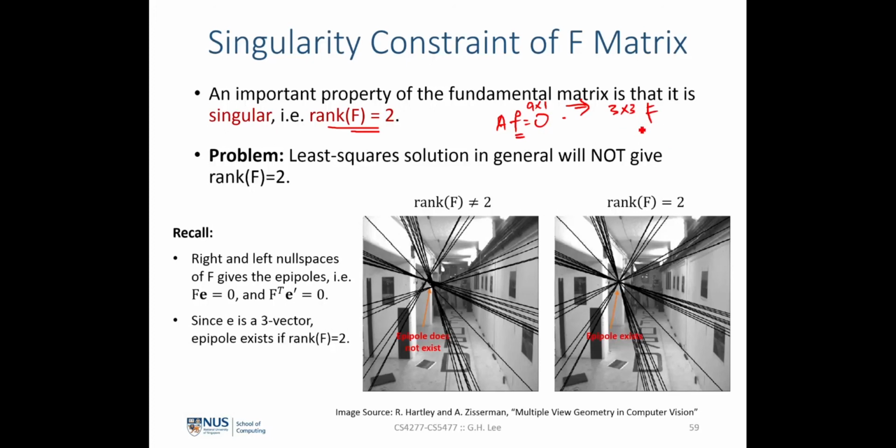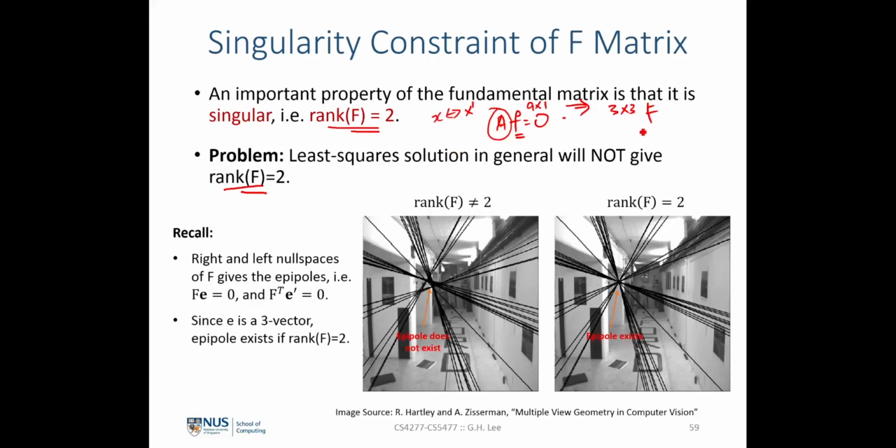This matrix found from the homogeneous linear equation is in general not of rank 2 due to the noise in the A matrix, because the A matrix is made out of all the point correspondences, which are subjected to noise.